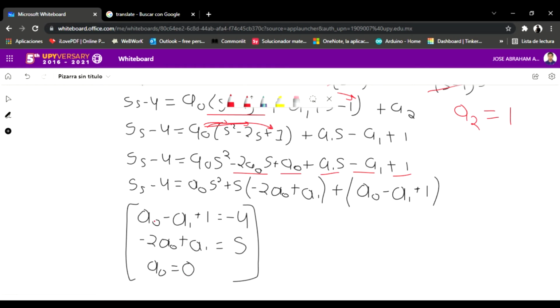Then making the operation, we have that a0 is equal to 0, of course. We have that a1 is equal to 5. And finally we have that a2 is equal to 1, as we have here.